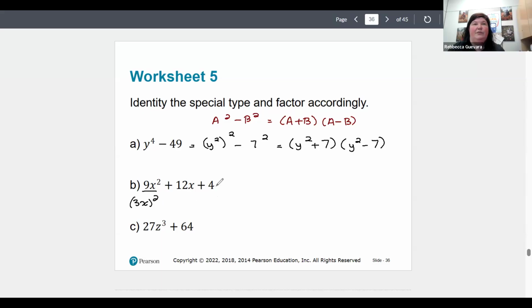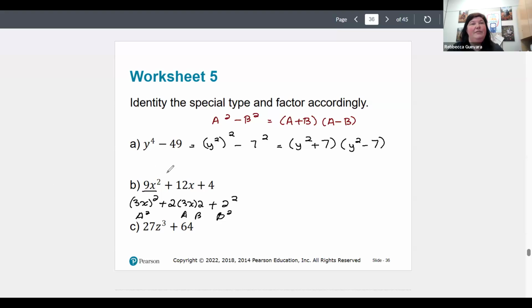This 4 is just going to be 2 squared. And the 12 we can break down as 2 times 3x times 2, so we have 2 times a times b. And then we see the squares here.